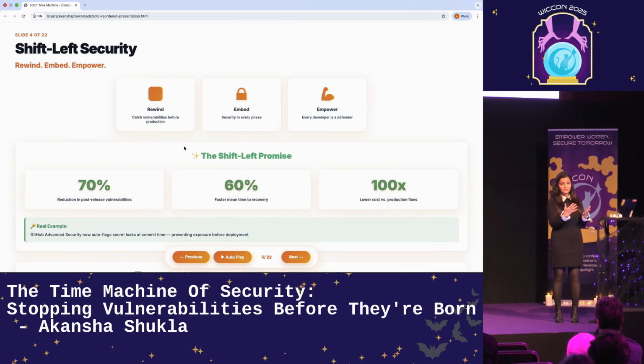Second, each phase has to have some security measures, not a separate phase. And third, empower your developers. It shouldn't be one person's job, it should be everyone's job. If you follow the shift left culture, definitely it is going to happen. And the promise is that 70% of vulnerabilities will be fixed and won't reach production.